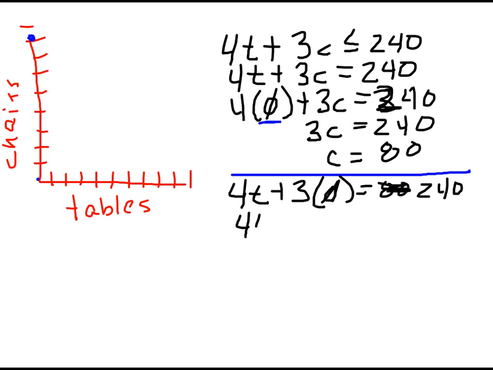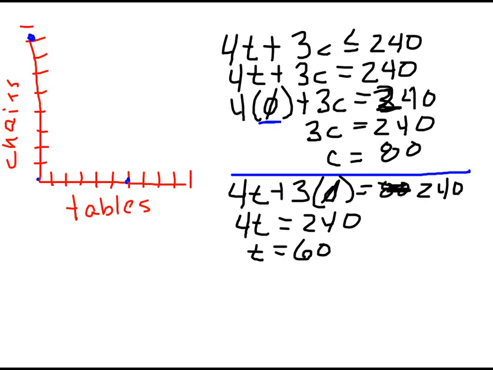Which gives me 4t equals 240. Solving for t, I end up with 60. So that means that when c equals 0, t equals 60.